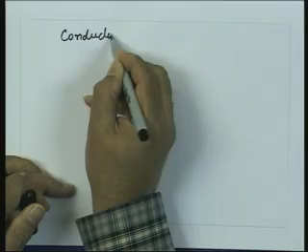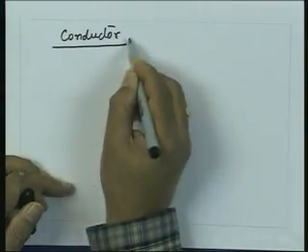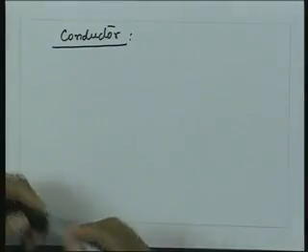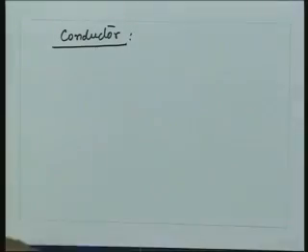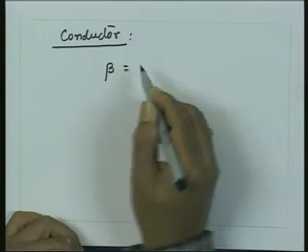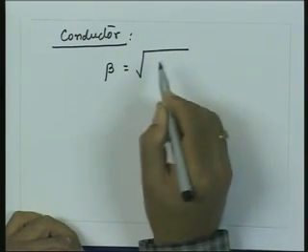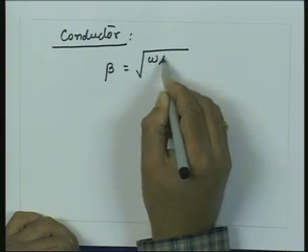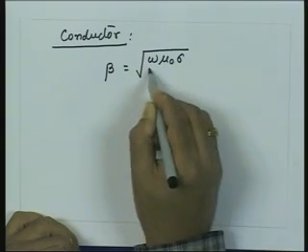Same thing we can do now for the conducting medium also. We can take a conductor, and no matter how small the penetration of the wave inside the conductor, we can still ask what is the velocity. Again for this conductor we have beta, which is square root of omega mu 0 sigma upon 2.